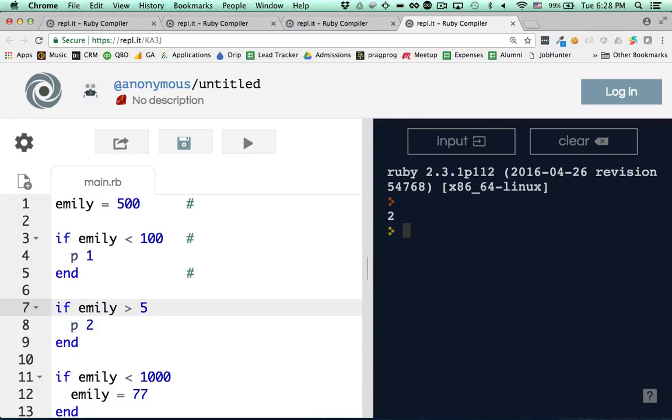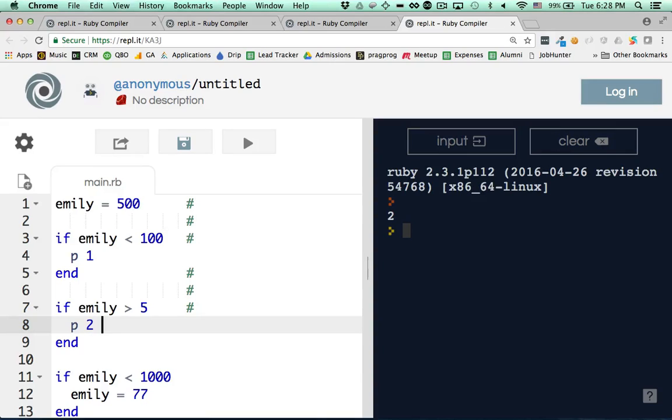Okay. If Emily is greater than 5, so Ruby processes this line. I think I'm just going to add pound signs here too. There's not much to process on the blank lines, but to emphasize that line 4, there's a gap there, that means Ruby skipped it. Okay, if Emily is greater than 5, is Emily greater than 5?